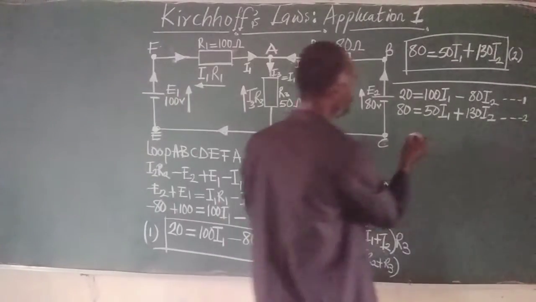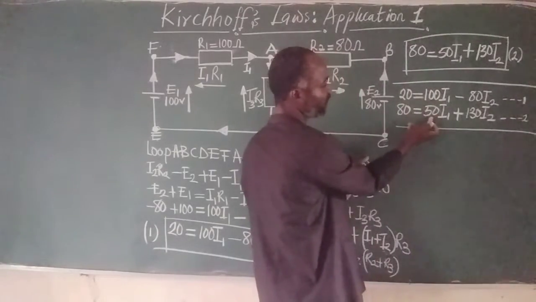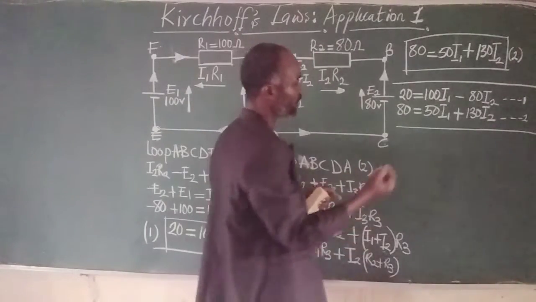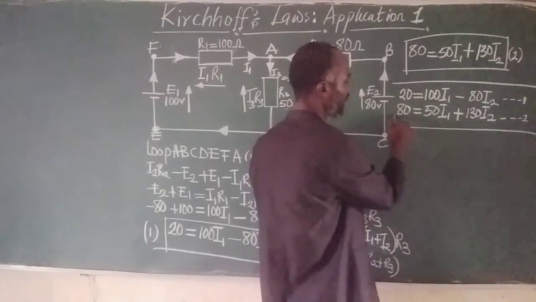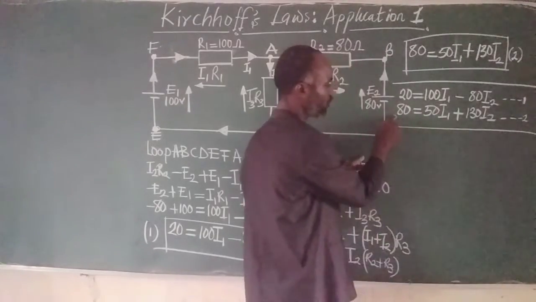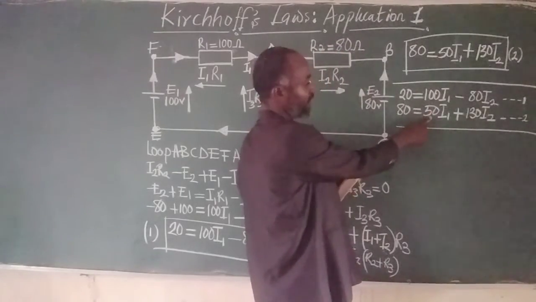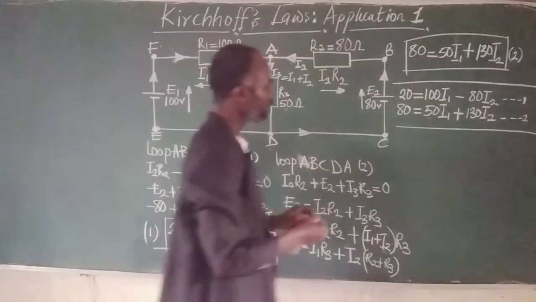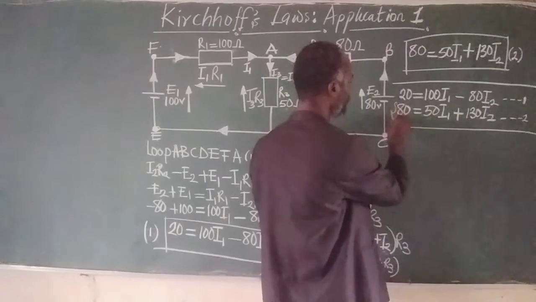So what we need to do here is to find a way to normalize 50 with 100, okay? To normalize them, we use 2 to multiply the second equation. Here we'll turn 50 into 100 and then complement with 100 in the first equation. So we will do that right away. We are multiplying the second equation with just 2.